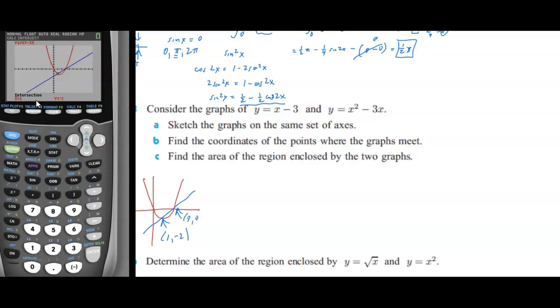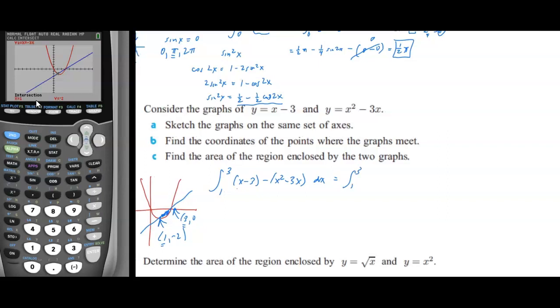So we found the points where they meet. Find the area of the region enclosed by the two graphs. That would be this region here. So we're going to do that by integrating between 1 and 3. And we're going to have the top function, which is the line, minus the bottom function, which is the parabola, and then dx. So, we should simplify this first.